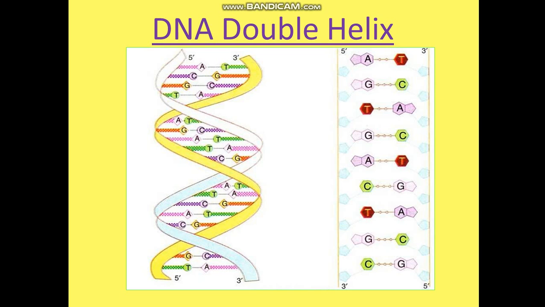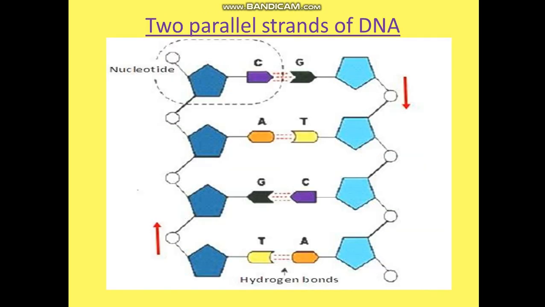It's not actually mentioned in your book, but you need to understand that the two strands are anti-parallel to each other and they are paired up: adenine with thymine, cytosine with guanine. Adenine, thymine, how many hydrogen bonds? 2. Cytosine and guanine, how many hydrogen bonds? 3. Clear? This diagram is very important.